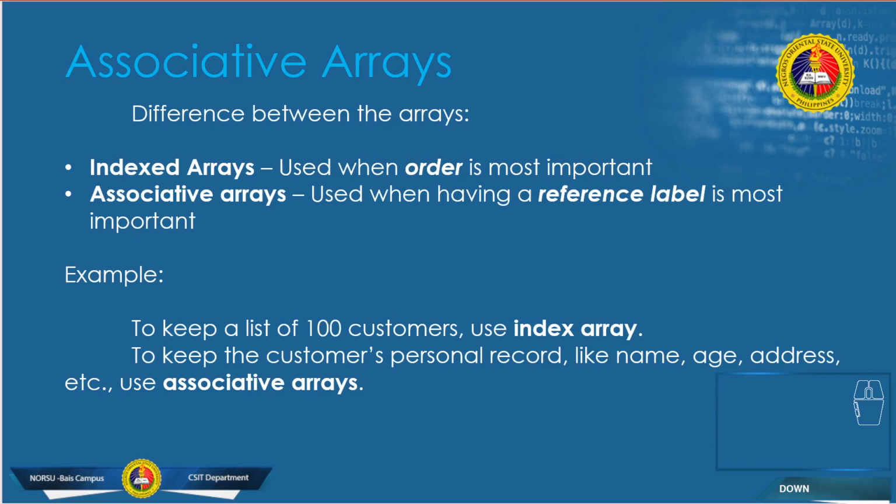If to keep a record of, let's say, 2,000 students in NORSU, then each student will be given an ID number. So that is the same with index array. Naa siya iyang kaugalingon nga lista, and each student or each object will be given a unique number, a unique index, or let's say, in other words, student number in this case.